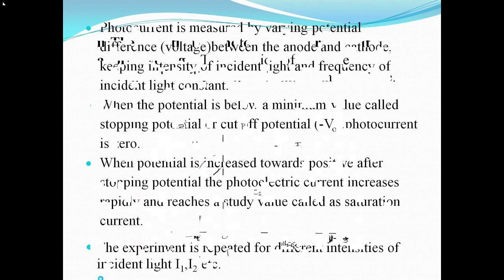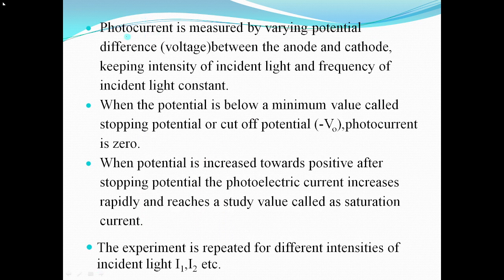Photocurrent is measured by varying potential between anode and cathode, keeping intensity and frequency of light constant. So I am varying only photocurrent and applied voltage. At minus V0, photocurrent becomes 0. That we call the stopping potential.